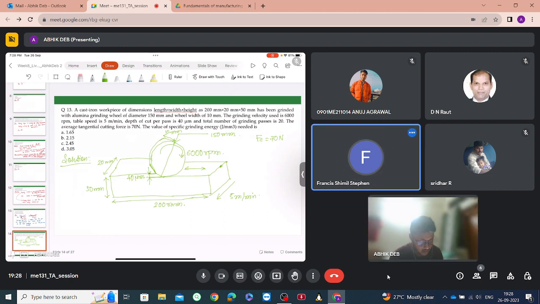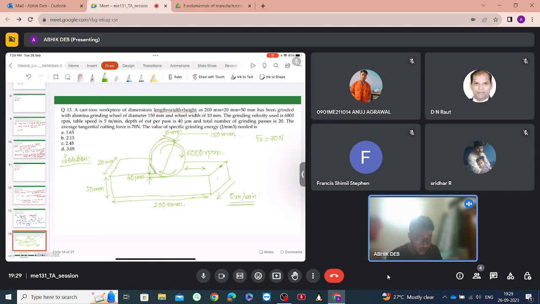The 5 meter per minute. Okay, so this is not the cutting velocity. The cutting velocity will be whatever is in contact between the grinding wheel and the workpiece because of the rotation at 6,000 rpm. That is what we have to find out. This is the velocity with which the table, or the workpiece, is moving in the lateral direction.